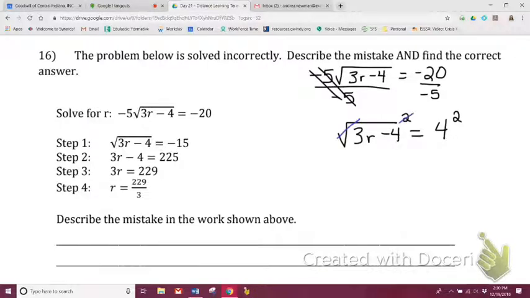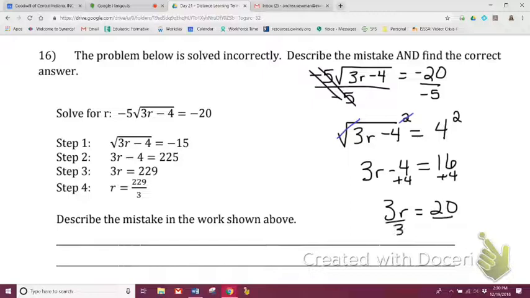They're inverses, like adding 12 and subtracting 12. So now I have 3r minus 4 equals 16. Add 4, so 3r equals 20. Divide by 3, and r equals 20 over 3.